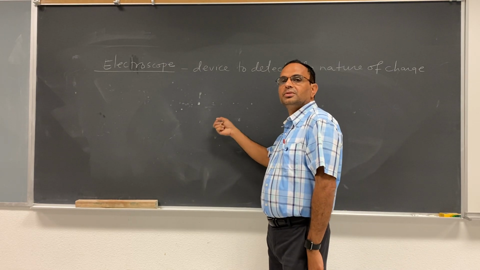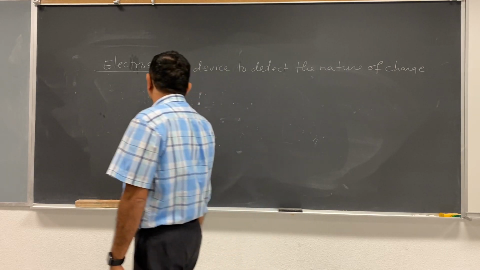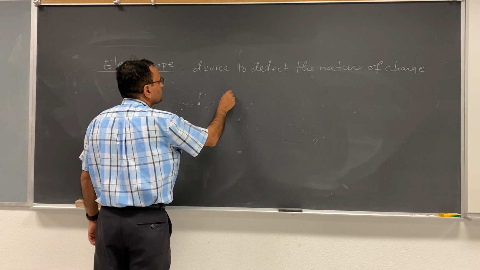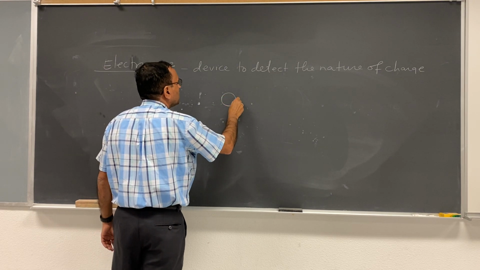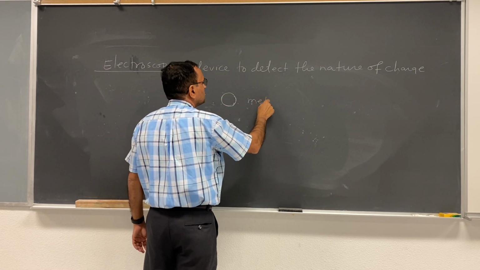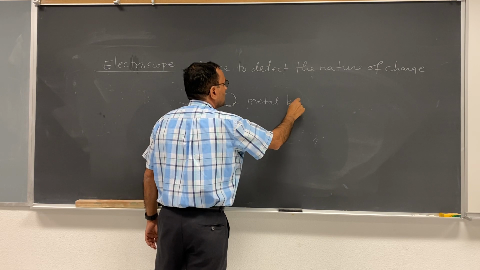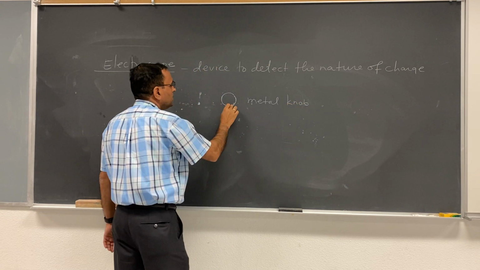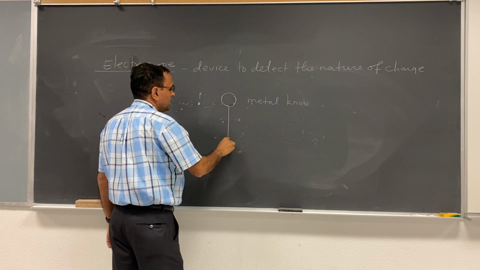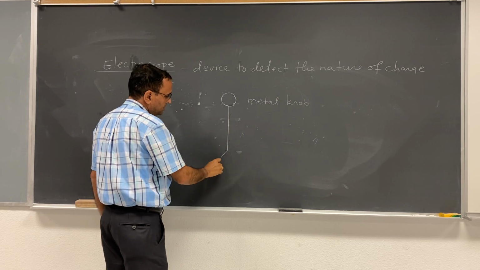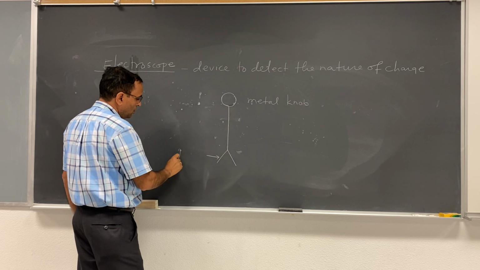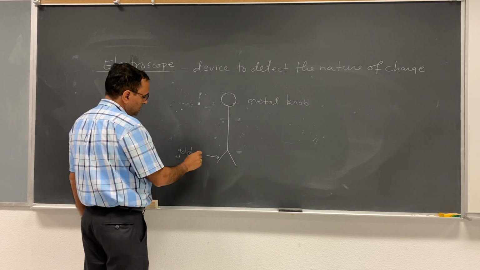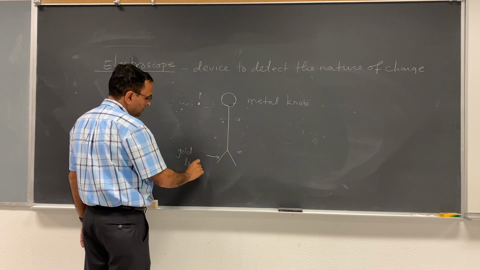How is the structure of the electroscope? So the electroscope has a metal knob, and here of course this is a wire, and there are these two gold leaves.